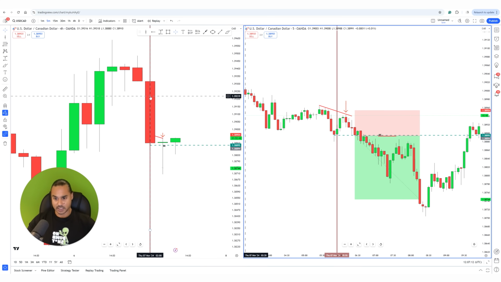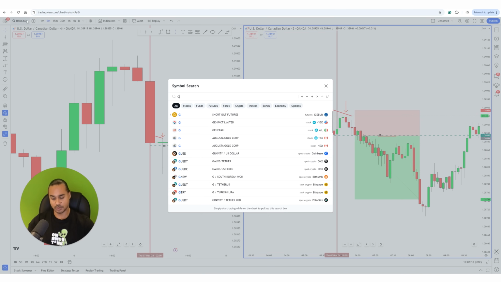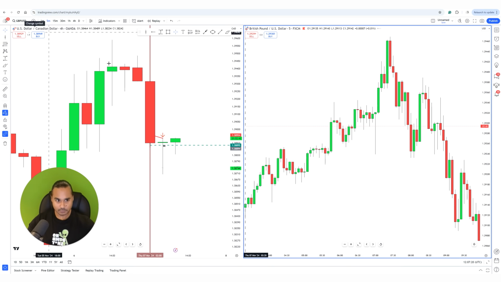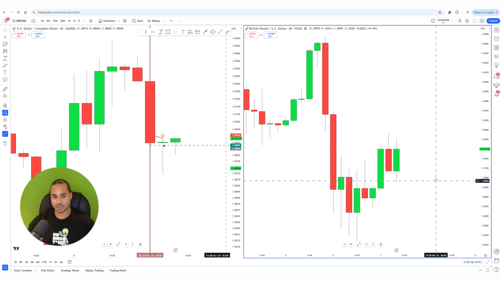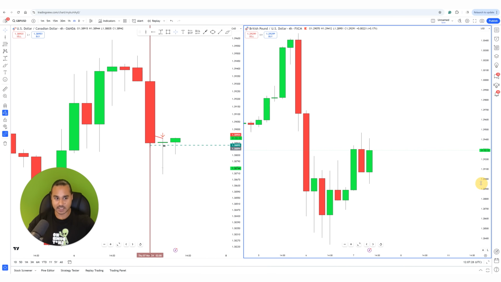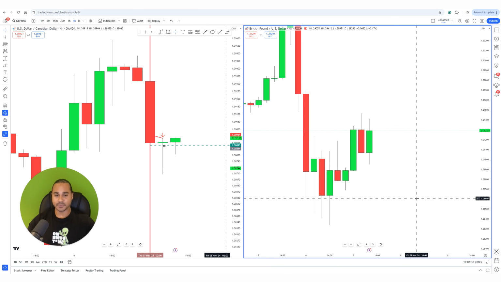So look here. This is on USD CAD, and this is the 2 till 6 candle. So if we go over to Great British Pound USD and we go to the 4H time frame, what we're looking for here is synchronization in the market. That simply means we're looking for a weakness or a strength to illustrate that there is a directional bias, because there are more buyers or sellers at that moment in time supporting that currency.